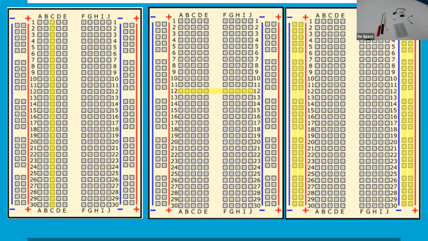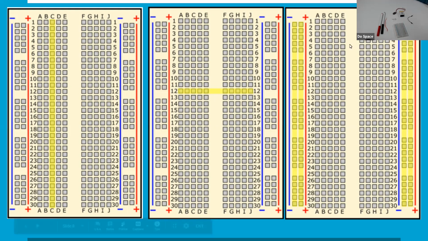For example, if you had wires connected to a battery, on this far right picture, the negative and positive, everything on this side is going to be connected electronically.